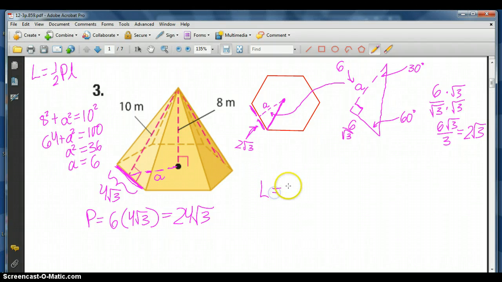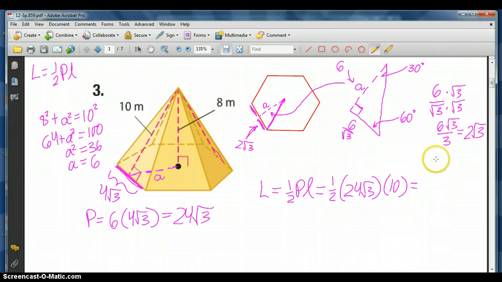Our lateral area is half of the perimeter times the slant height, or half of 24 square root of 3 times the slant height, which is 10. And for that we get 120 square root of 3, or approximately 207.8 square meters.